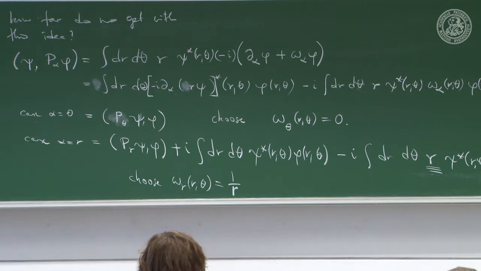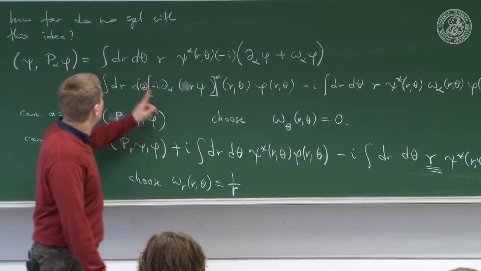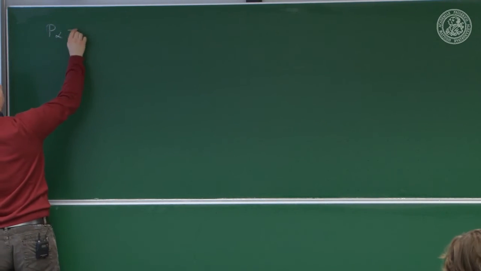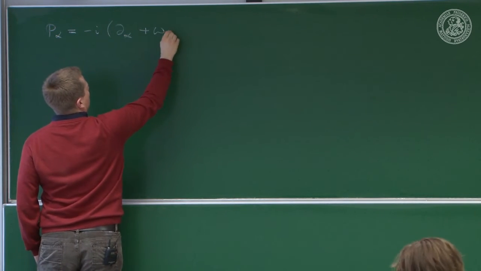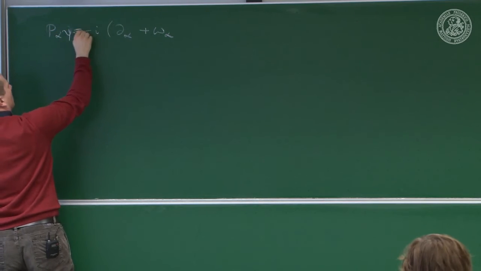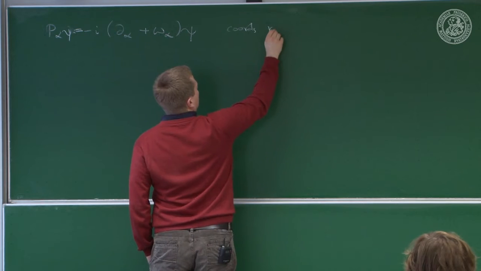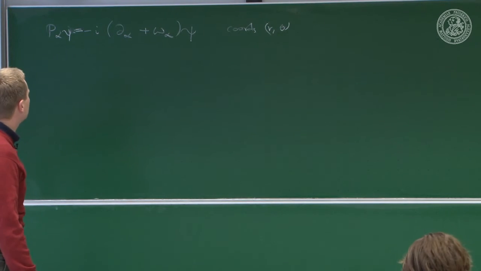Now one might worry whether this change of the p here destroys the commutation relations. This could, of course, be the case. Well, let's check that. So what we found is that P alpha is minus I del alpha plus omega alpha, if acting on a wave function psi, and this whole thing in coordinates r theta, so that this is the tangent vector index to the r theta coordinates that are being induced.